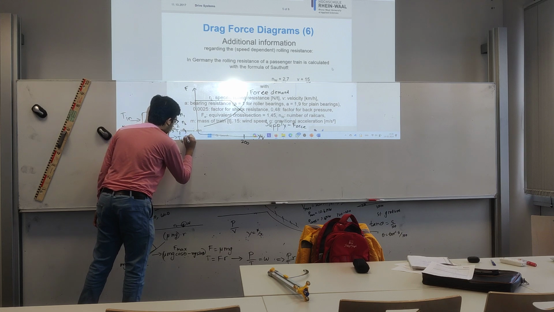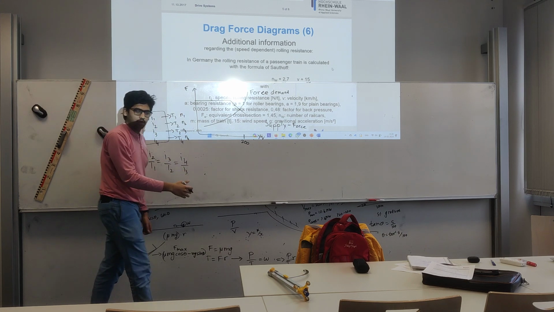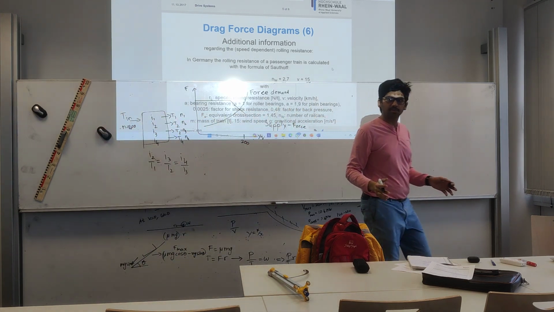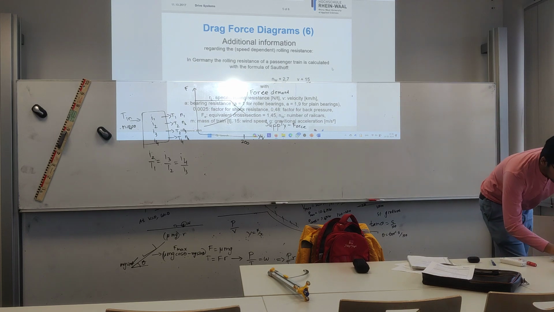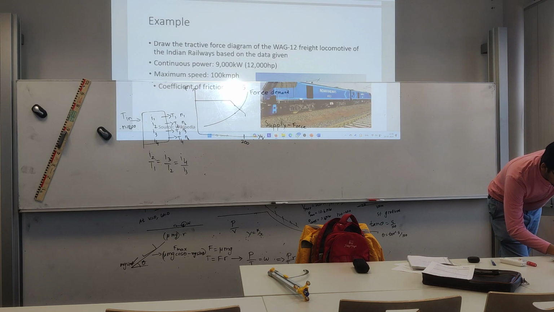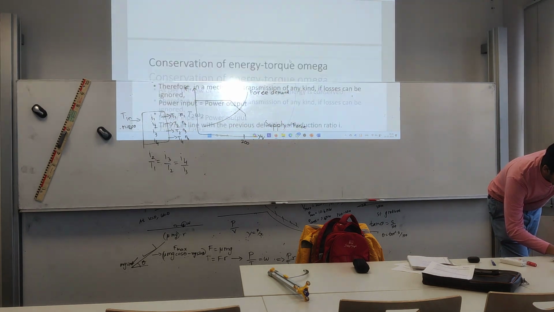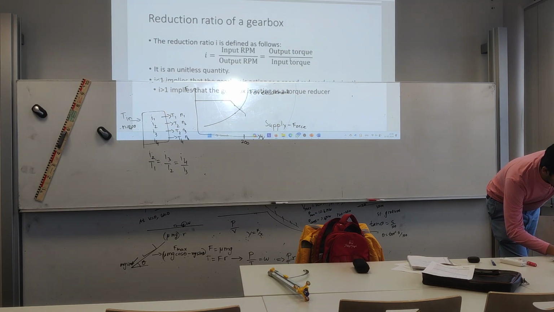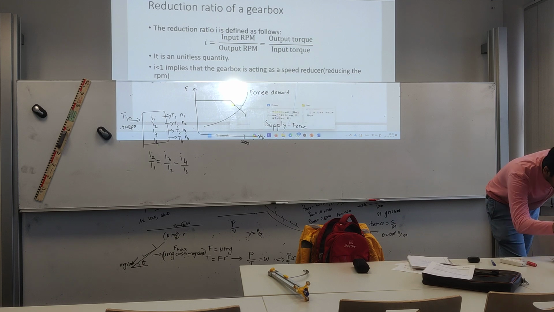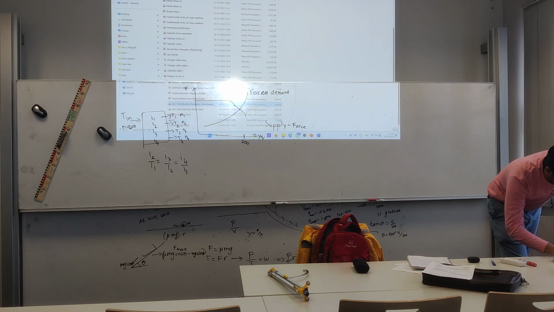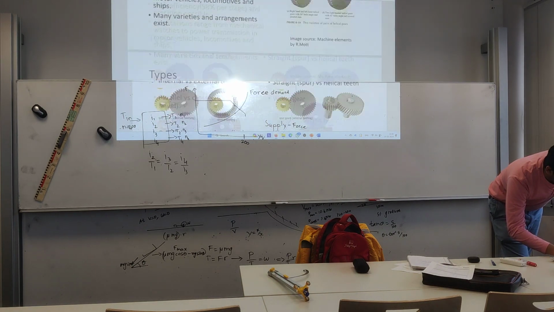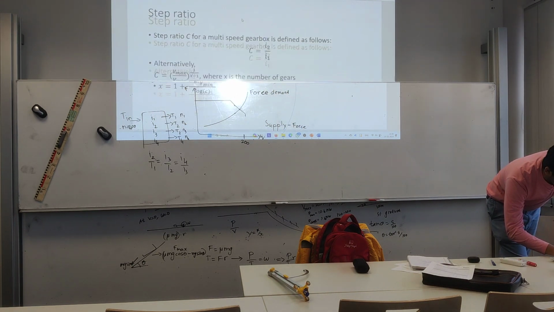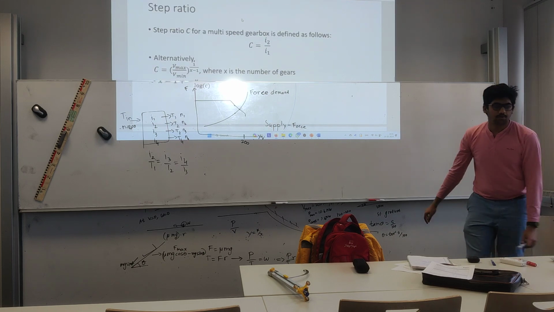Makes sense. And based on how spread out the RPMs are, you get your step ratio. But that's the formula, right? C is equal to V max over V min to the power of 1 over (x minus 1).